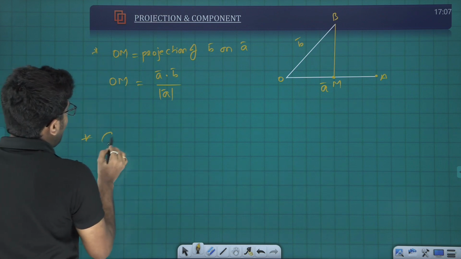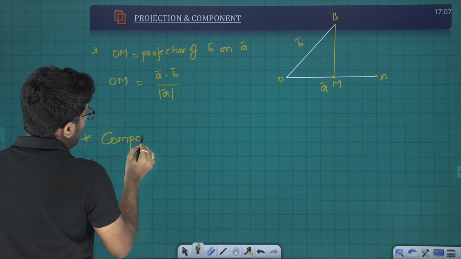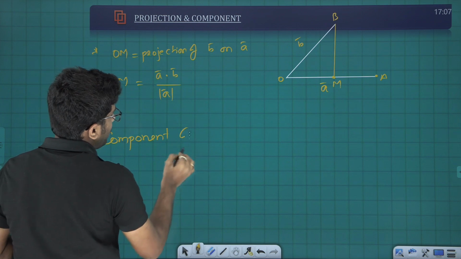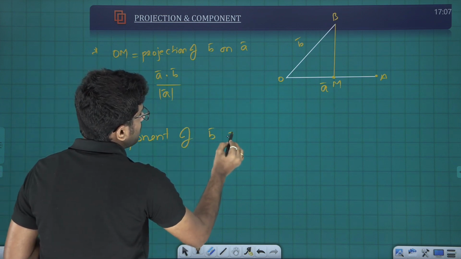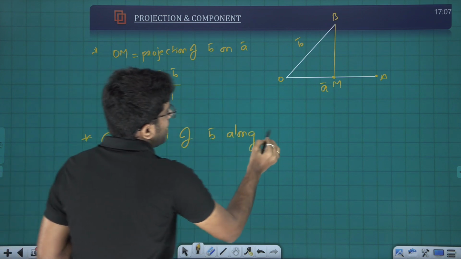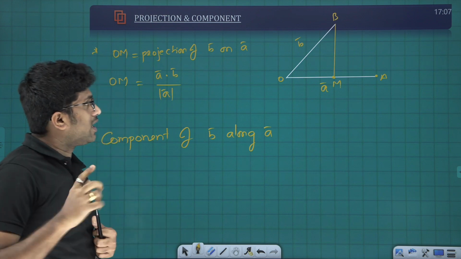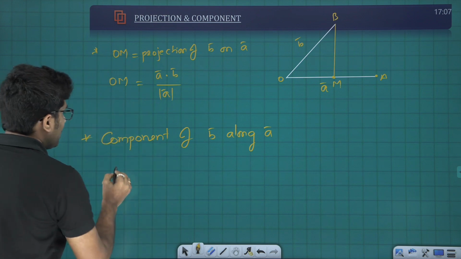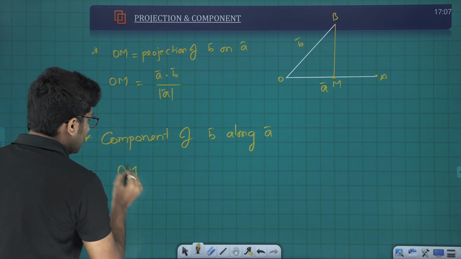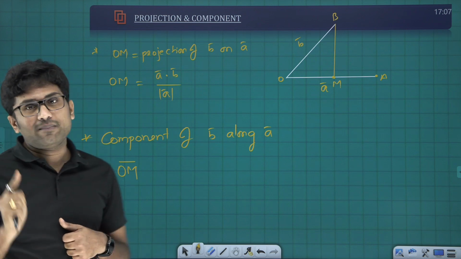Next, this is regarding projection. Next we go with component. Component of B bar along A bar, and this we call OM bar.